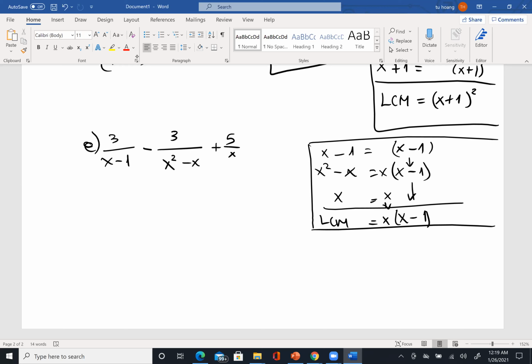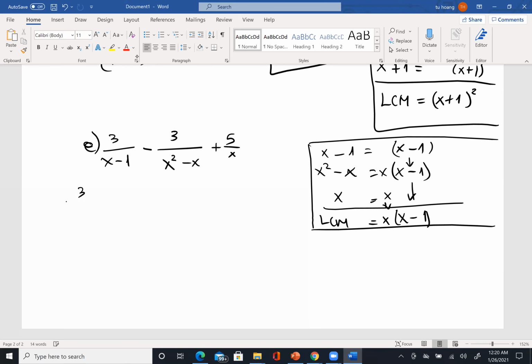So the LCM is equal to x times x minus 1. You need to convert the denominators to be x times x minus 1, right?